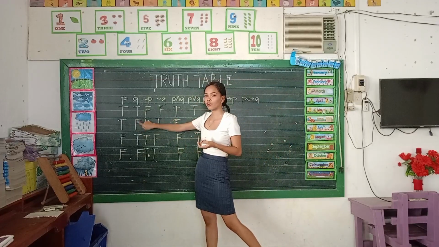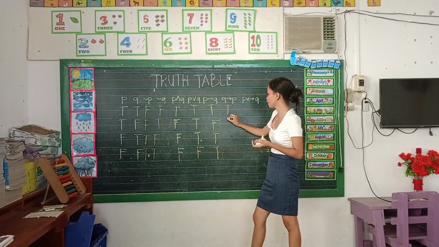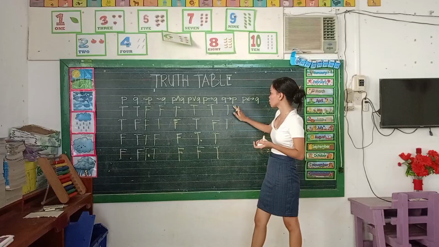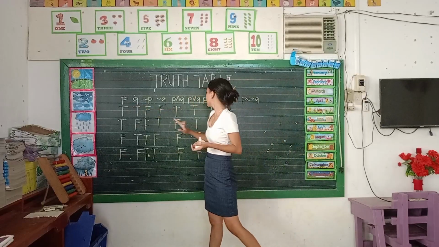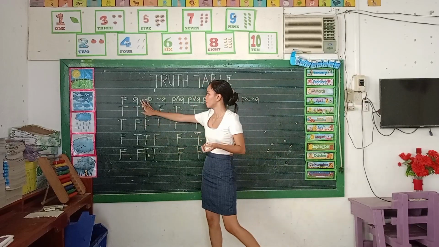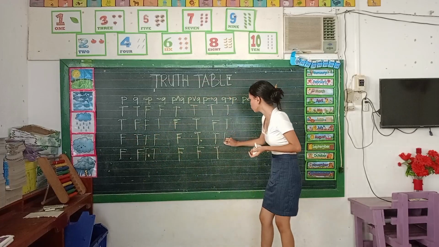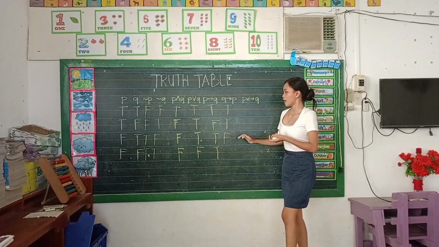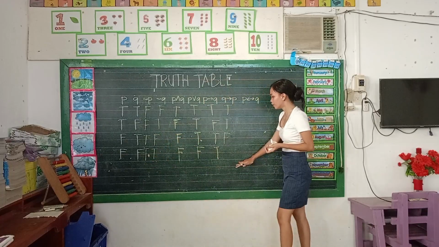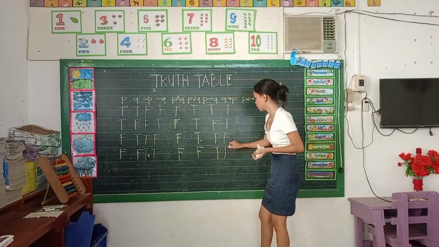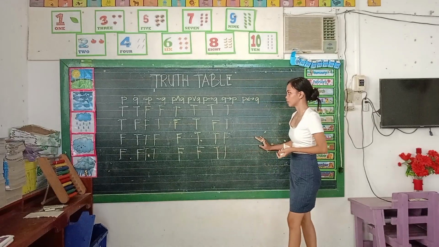But if Q is false and P is true, therefore the result will be true because the second statement here is the statement P. Then, next is if Q, our first statement, is true and the second statement is false, the result will be false. And lastly, both statements have the same truth value, therefore the result is true. So those are the rules of the conditional connective.